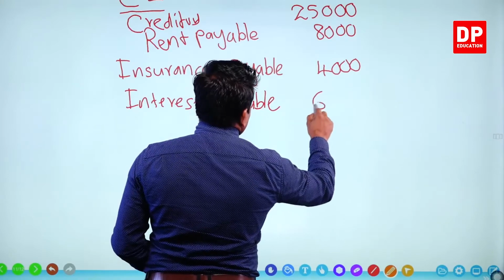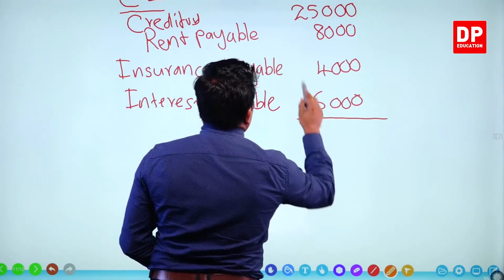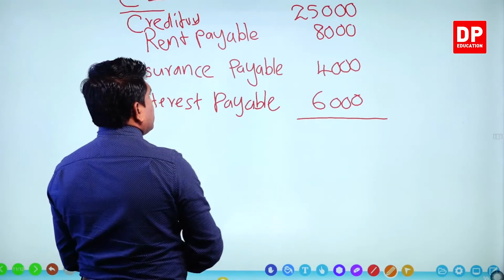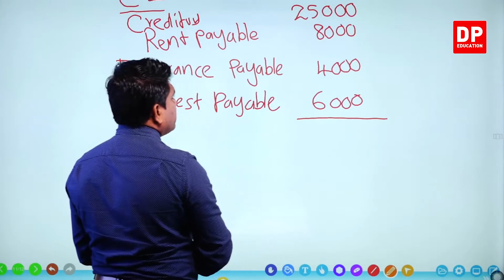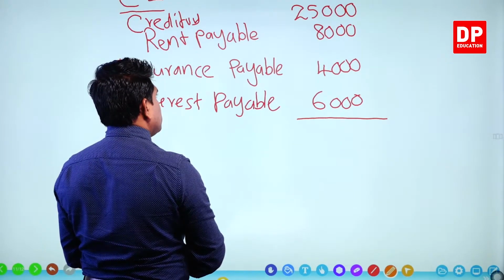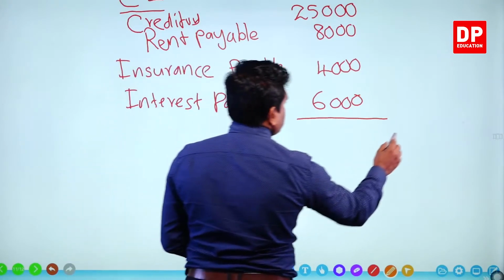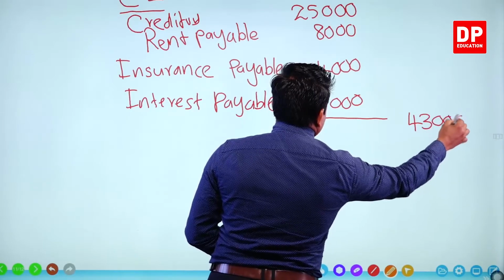Now you can get the total of the current liabilities. How? 6 plus 4, 10, right? Then 10 plus 25, 35. 35 plus 8,000, 43,000. Your total current liability value is 43,000, right?